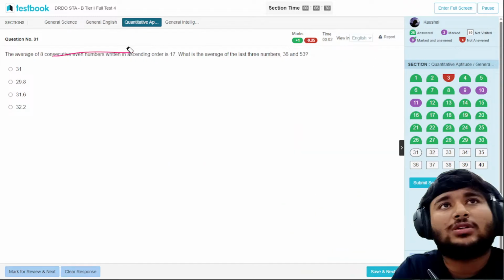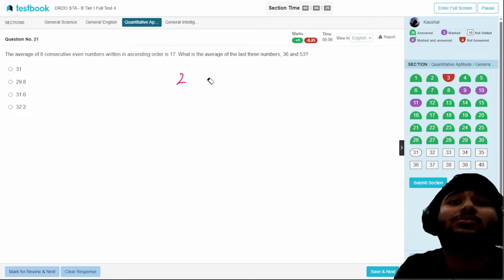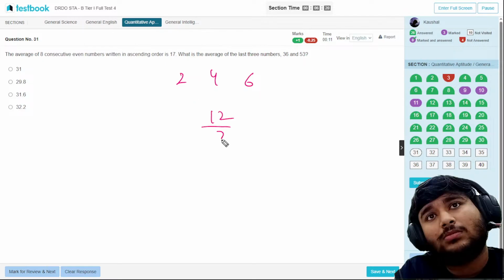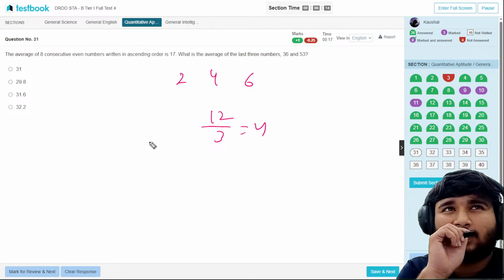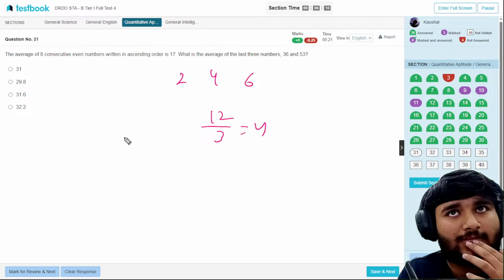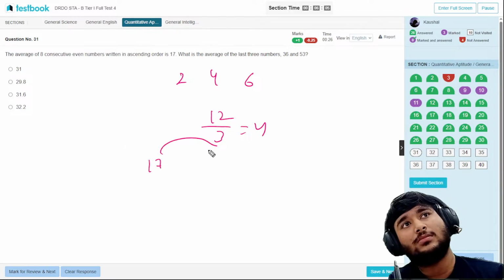Average of 8 consecutive even numbers in ascending order is 17. Average 8 consecutive number का 17 है. 17 plus 4 की जगह 8.